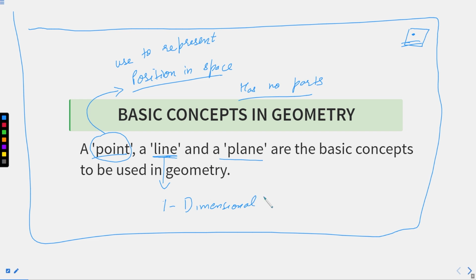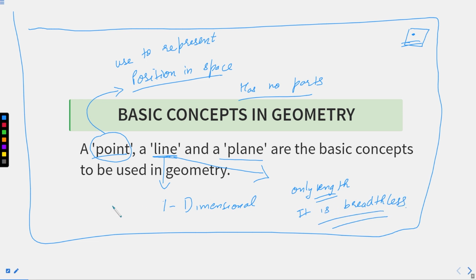What I mean by one-dimensional is that a line has only length and no width. So it has no width, it is widthless.